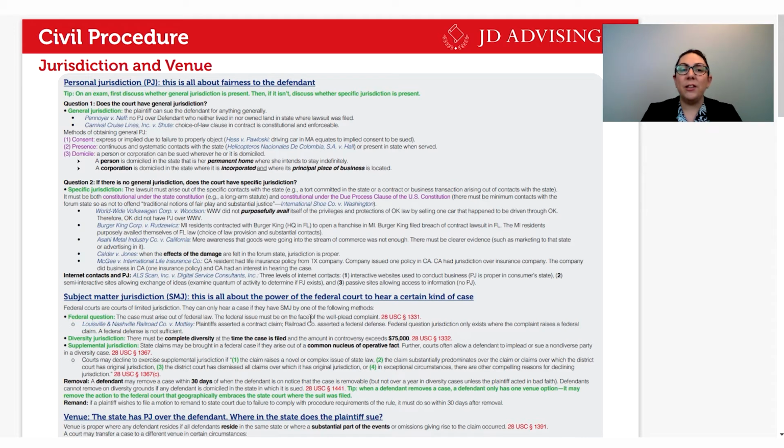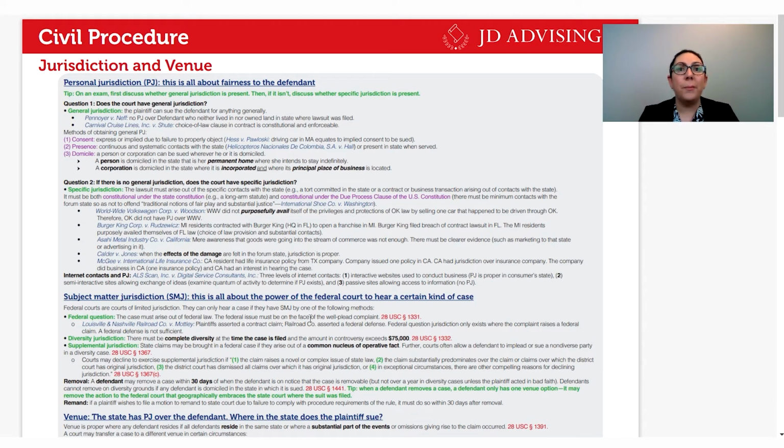So subject matter jurisdiction in this context is looking at whether this is the type of case that can be filed in the federal system. Federal courts are courts of limited jurisdiction, meaning that there are only certain types of cases that they can hear. State courts, on the other hand, have general jurisdiction. State courts can pretty much hear any type of case.